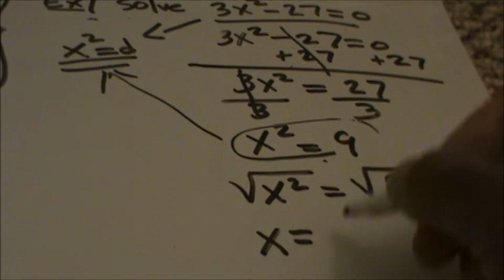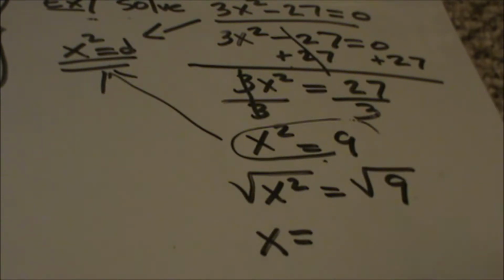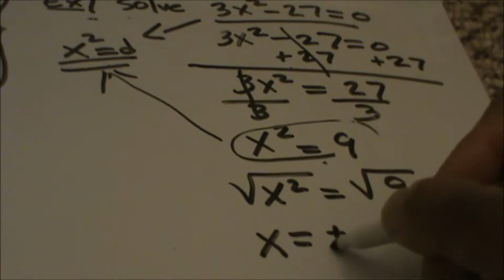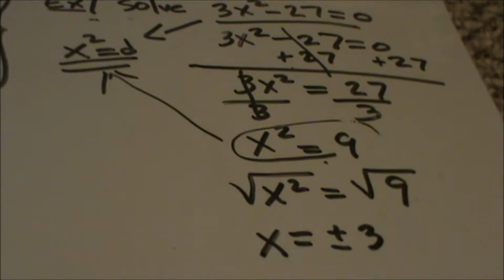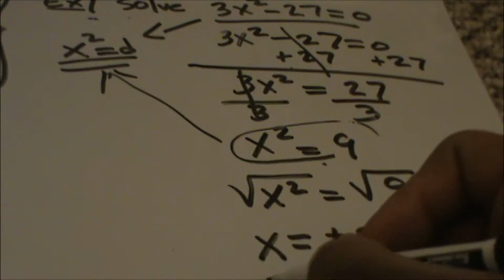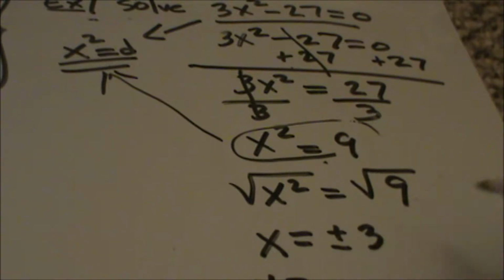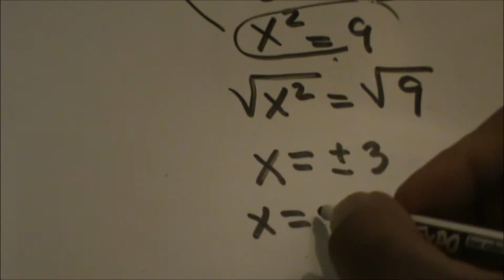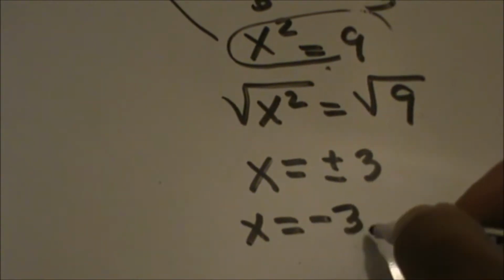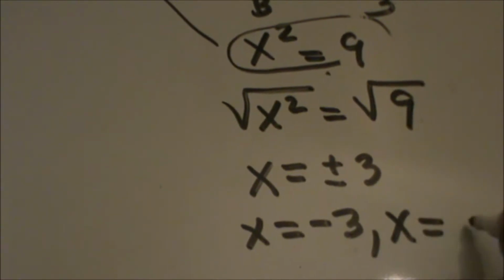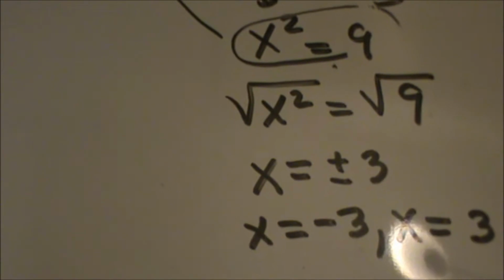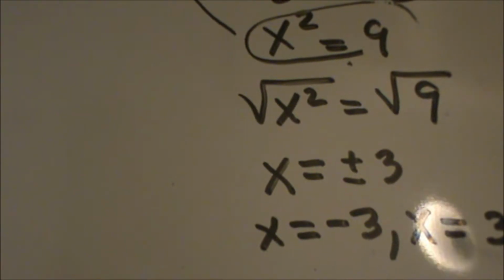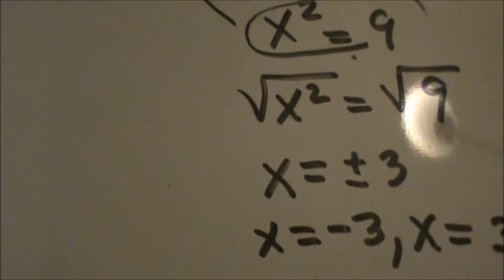It is 3, but when finding solutions to a quadratic equation, there exists a positive and negative value according to the rule. So there exist two solutions: x equals negative 3 and x equals positive 3. That's the first scenario, when d is greater than 0.